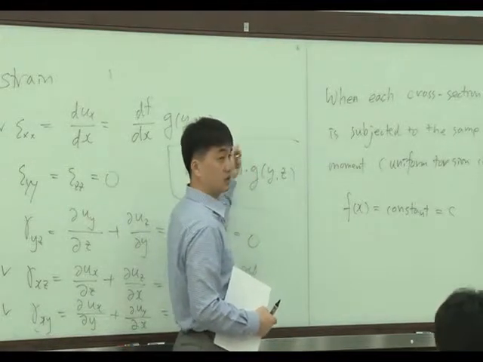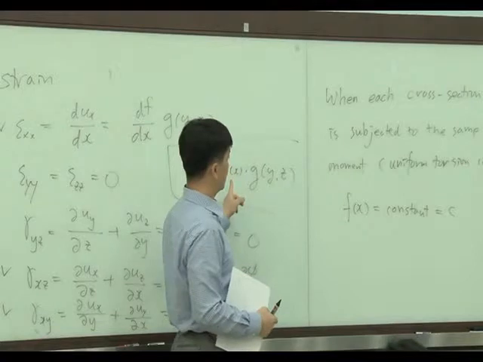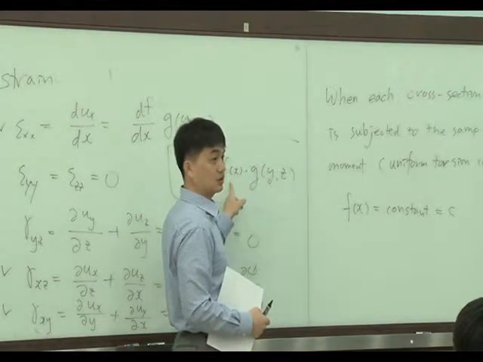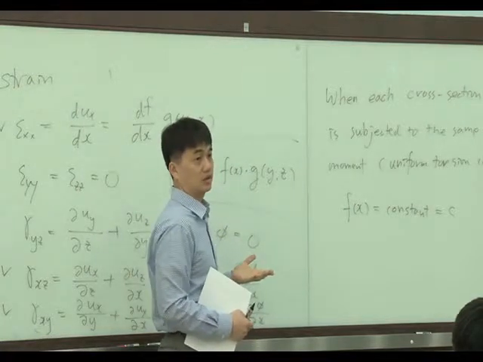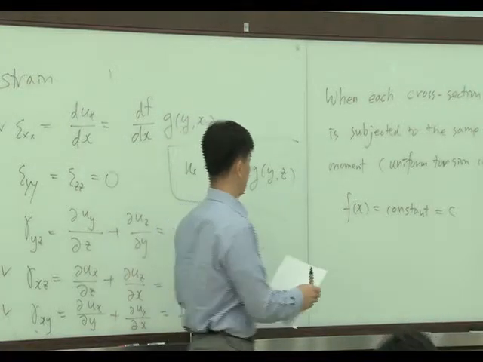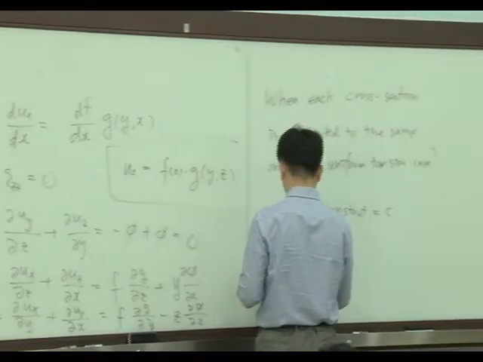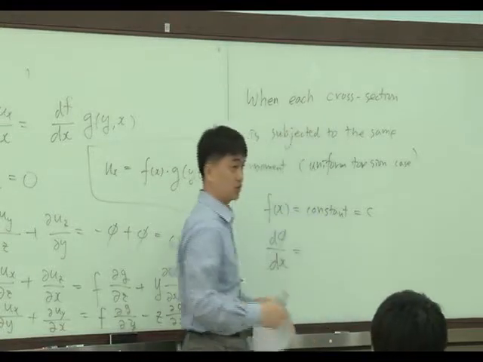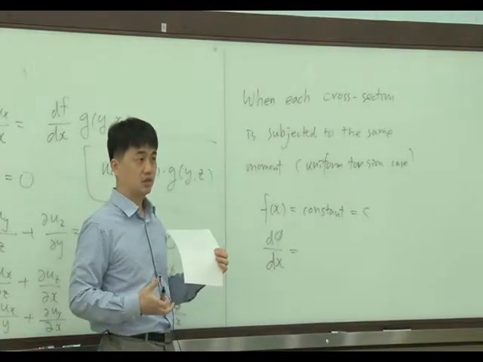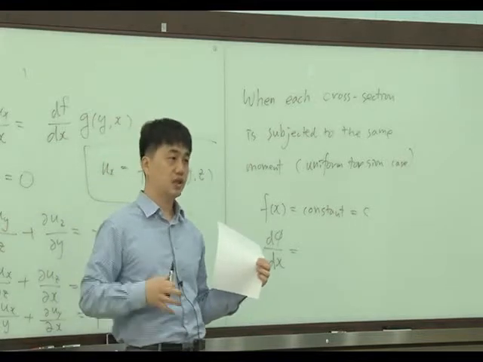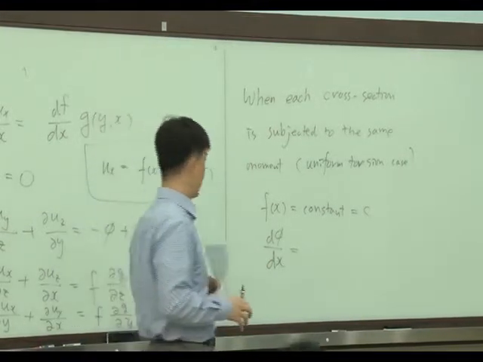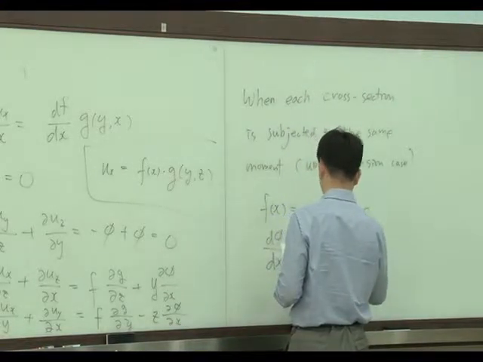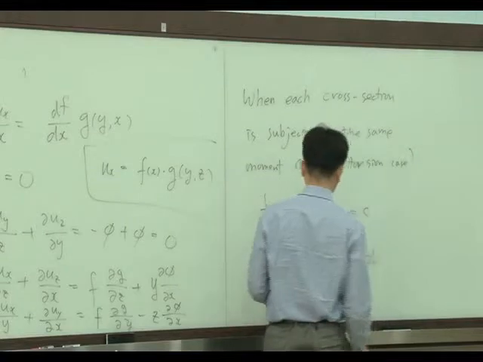This part is only a function of x. So in the uniform torsion case, this f(x) becomes just constant. And dφ/dx, the twisting angle, is also constant, I mean the constant rate of twisting angle. Let's say this is k.